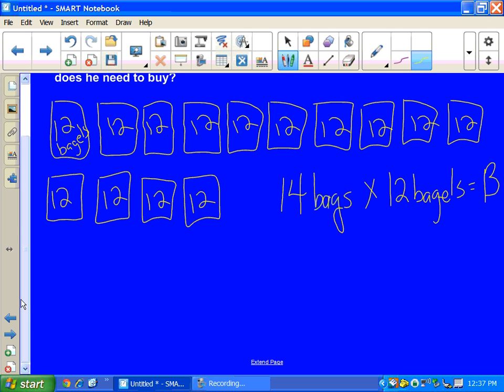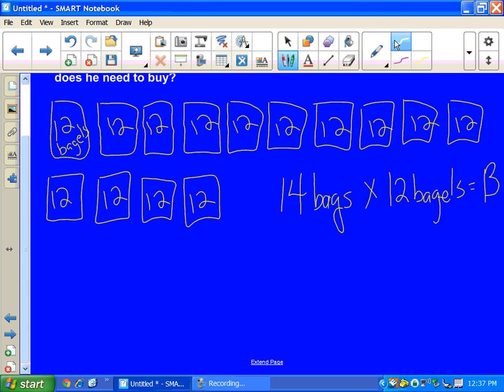Well, one of the easiest ways to multiply is by 10, because we know that when we multiply by 10, all we have to do is put a 0 behind the number.